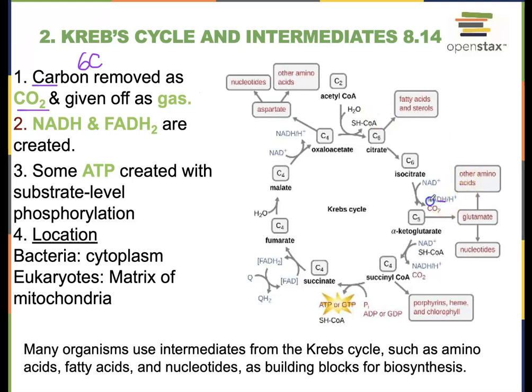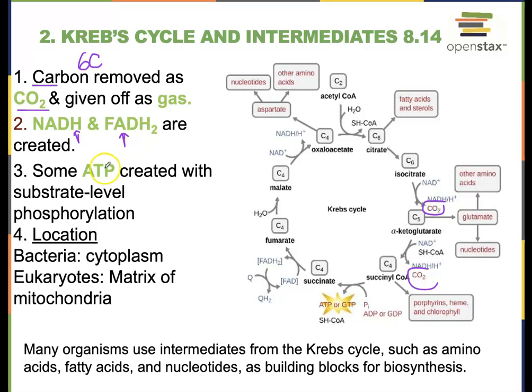So we can see a couple carbon dioxides made here. Then we are also generating more NADHs and FADH2, right? So NADH is our Uber, FADH2 is our Lyft, and they're created in this cycle too. So we're taking electrons away from what's left of our original glucose, putting them into our cars, right? Putting them into the electron carriers, and we're going to move them to our third step.